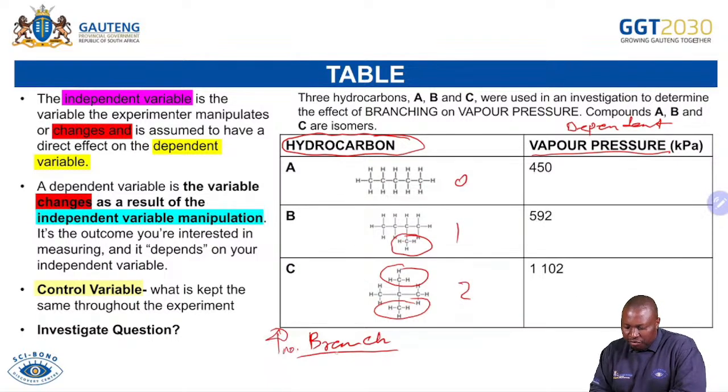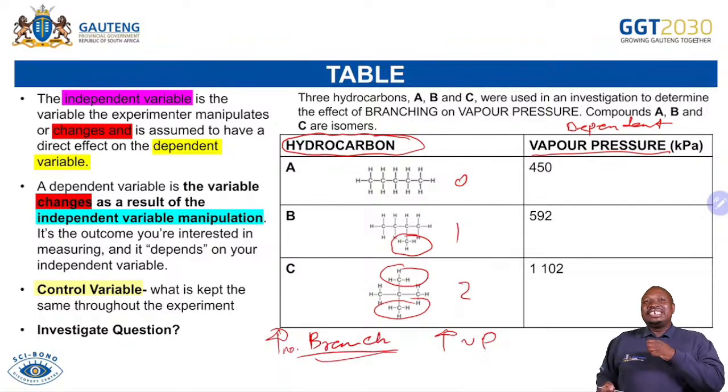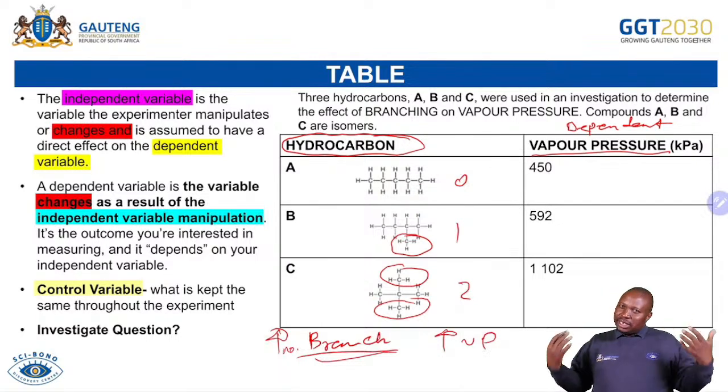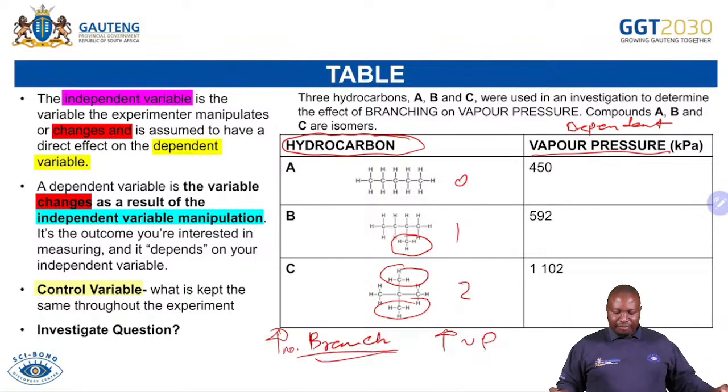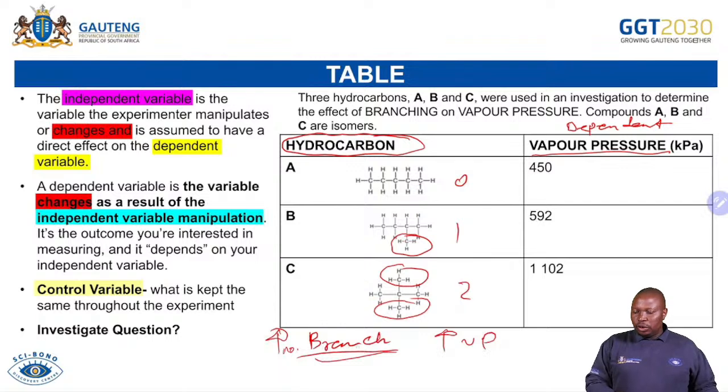You see that as the number of branches increases, the vapor pressure increases. You can't write that they are directly proportional. No, you talk about increase and decrease. I hope I've emphasized that. You are always checking the effect of the independent variable on the dependent variable.